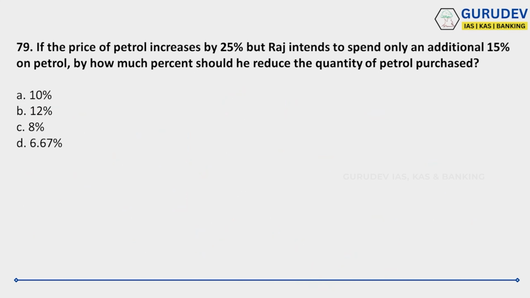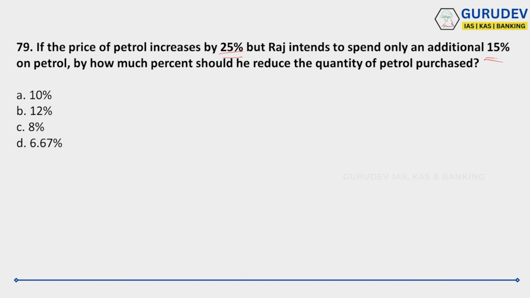The 79th question. Again, this question will be solved by fractions, because whatever I am saying about the percentage is over here. Correct? Let us see, what is the question based on? If the price of petrol increases by 25%, but Raj intends to spend only an additional 50% on petrol, by how much percent should he reduce the quantity of petrol purchased?